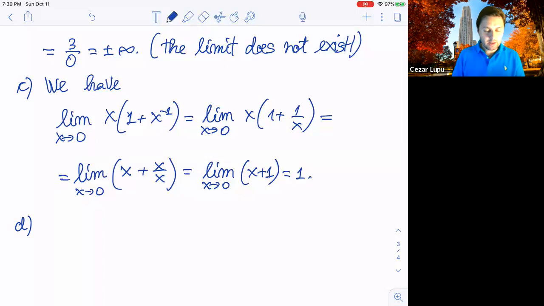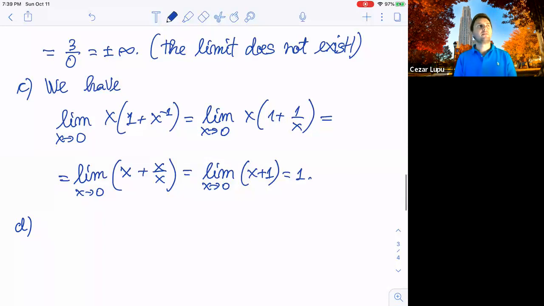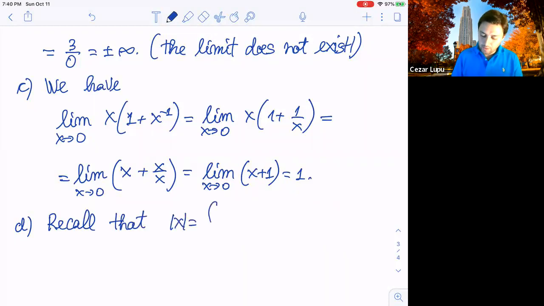And now the last one, and I said this was a bit trickier. We need to find the limit as x approaches 0 of x over the absolute value of x. So now let's use the definition of the absolute value of x. Let me recall that the absolute value of x is nothing else than just plus x if x is non-negative, right?